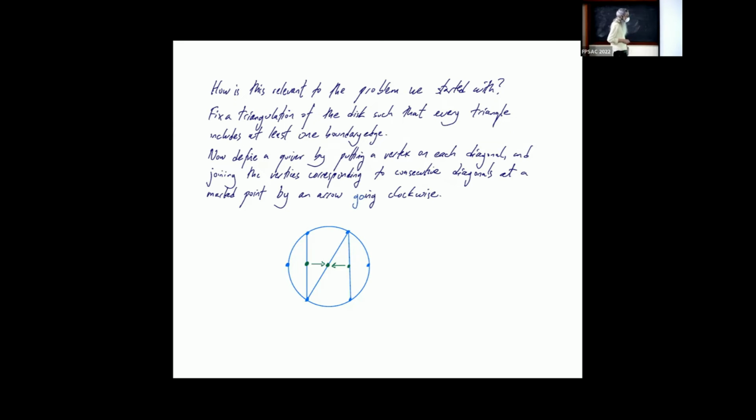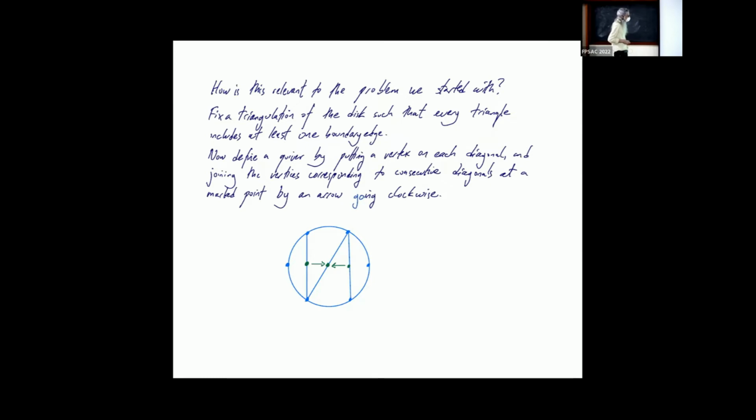So from this triangulation, we're going to define a quiver where we put a vertex on each of the diagonals, the internal edges of the triangulation. And we put an arrow between two vertices if you have two consecutive diagonals, like here, where we have two consecutive diagonals meeting at this point.